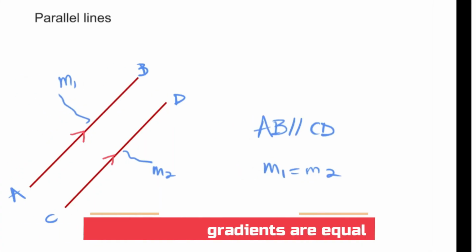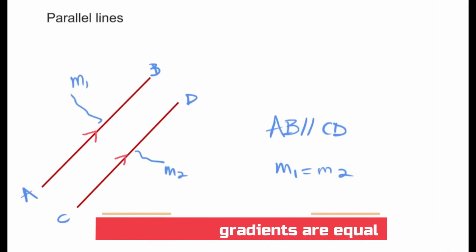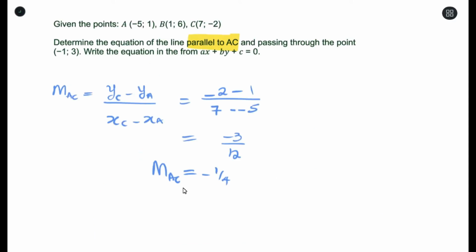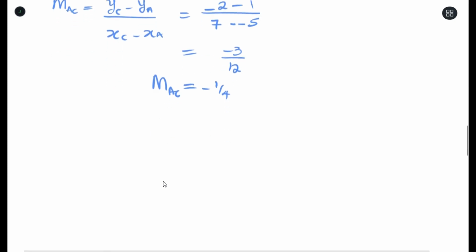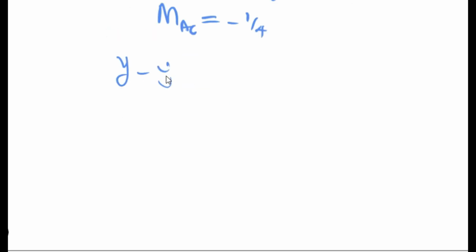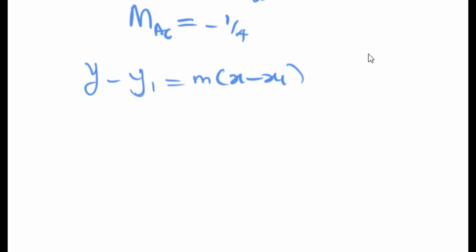And like we said before, whenever the line is parallel, we understand that the gradients have to be equal. So it will mean that our new equation would also have a gradient of -1/4. So I'm going to put this into the point-gradient format. I'm substituting the point that we have, which is (-1, 3).